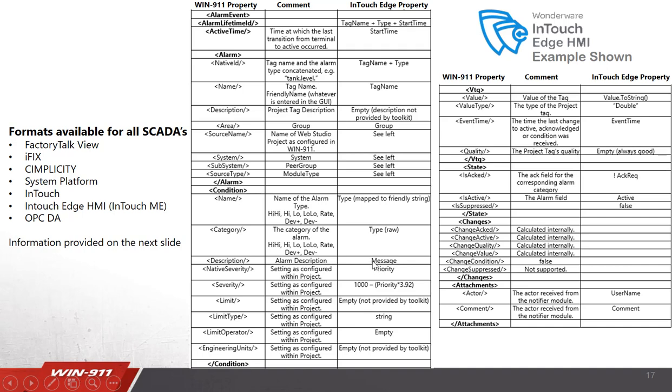So within their SCADA package they have a message. We'll use that as our description for the alarm condition. And then the category. The category of the alarm is typically whether it's a level alarm or a deviation alarm, and we can use the type in its raw form in the case of InTouch Edge HMI to represent the category.